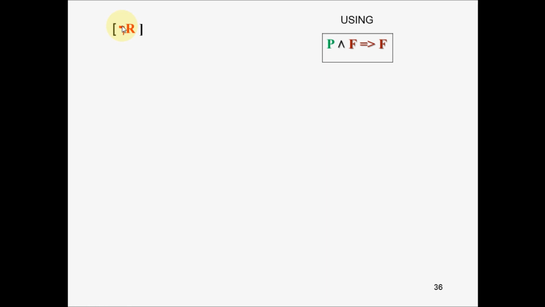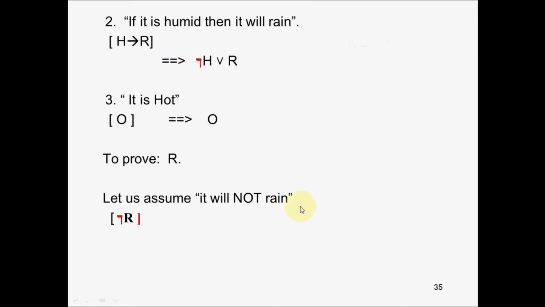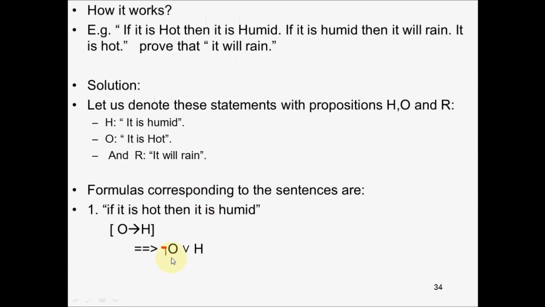So you have to choose that sentence which has an element that can be cancelled out with this not R. If you consider the previous sentences, here there is no R that can be cancelled out with not R, so sentence 3 cannot be used. Here there is an R that can be cancelled out with not R, yes there is R, so sentence 2 can be taken. Similarly, can I take sentence 1? No, there is no R here, so I cannot take this sentence.